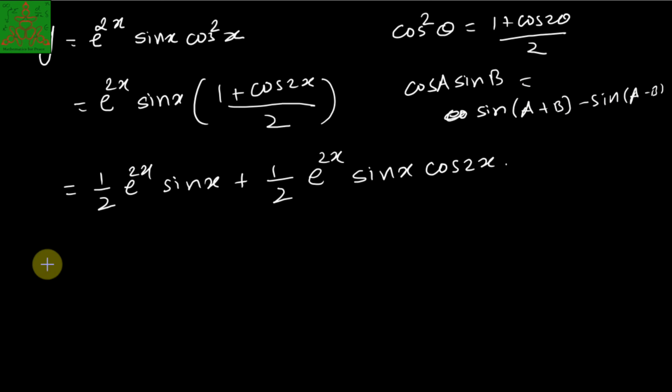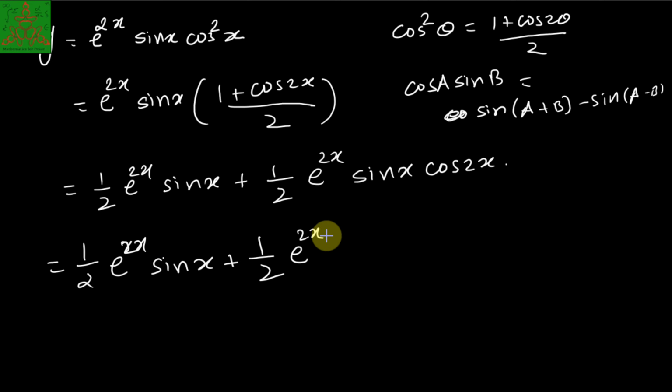So using that, this one we can write as 1 by 2 e power 2x sine x plus 1 by 2 e power 2x. Using this formula, I have to multiply 2 and divide 2, so it will become 4. And cos I am writing first, so a is 2x plus x, that is 3x, so it is sine 3x minus sine 2x minus x, so it is x.